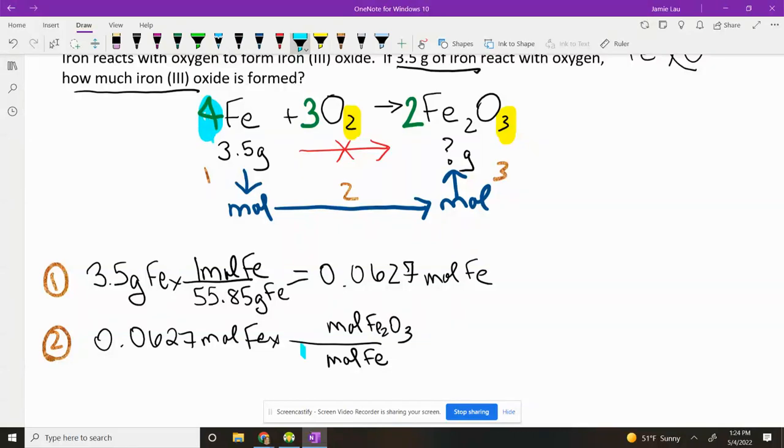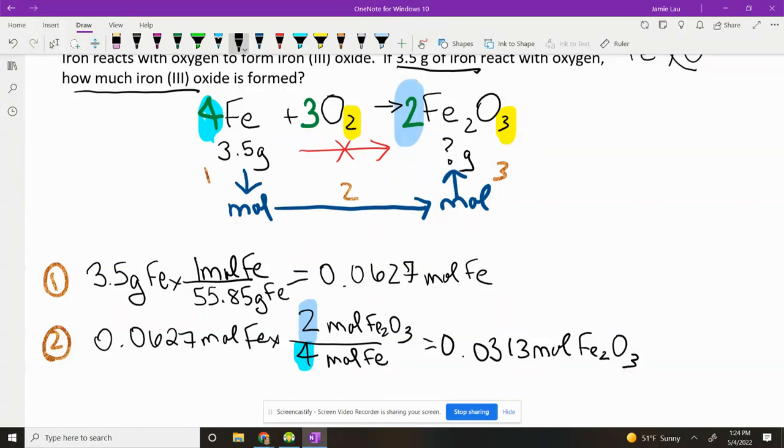For every 4 moles of iron, I am given 2 moles of iron oxide. So multiply by a ratio of 2/4, and I get 0.0313 moles of iron 3 oxide.